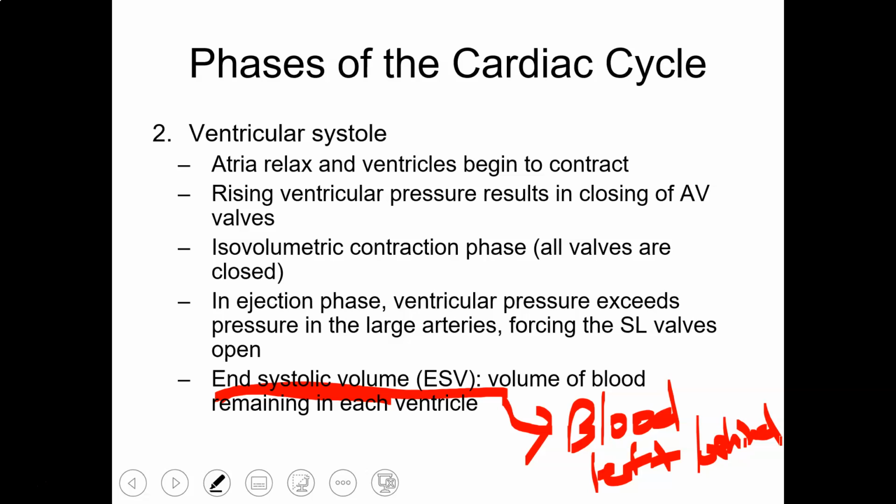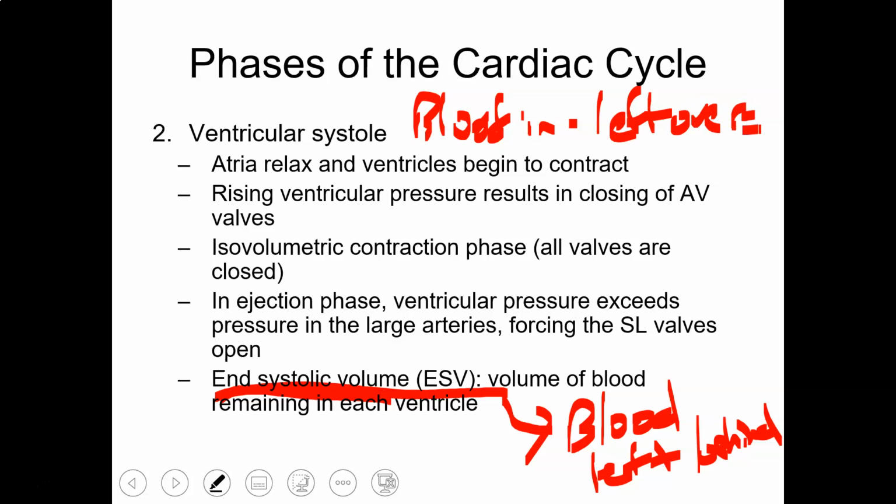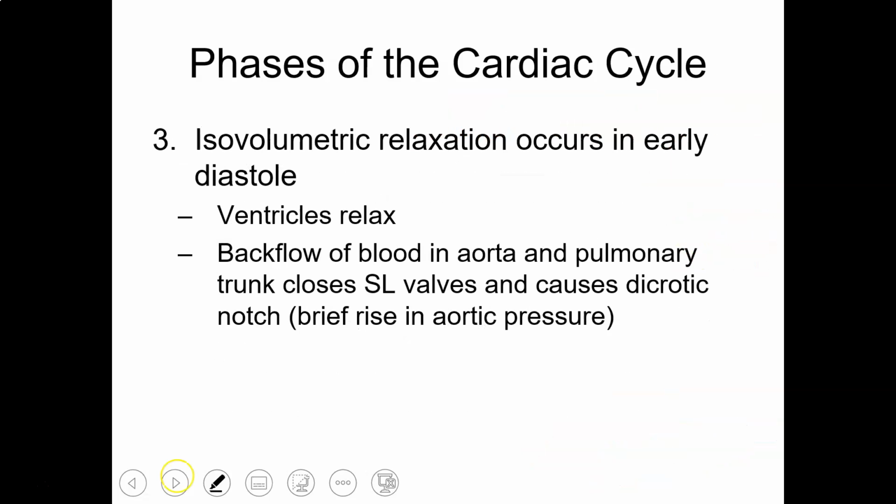So now, quick math. We take how much blood went in, subtract whatever blood is left over. That tells us how much blood went out. And that is called stroke volume.